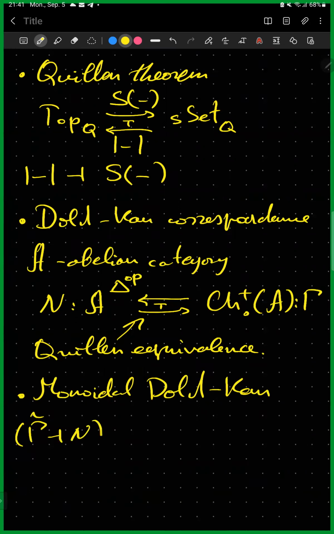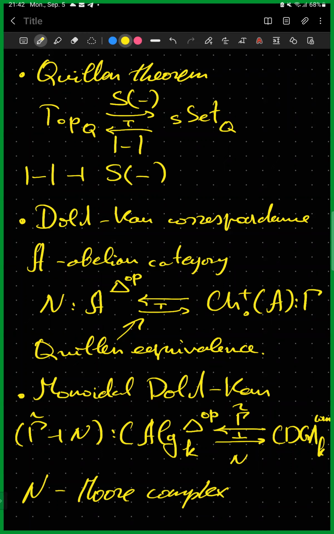So here N, as before, is the normalized complex of a simplicial object. And gamma tilde is not so straightforward to define, but it exists, which is important.